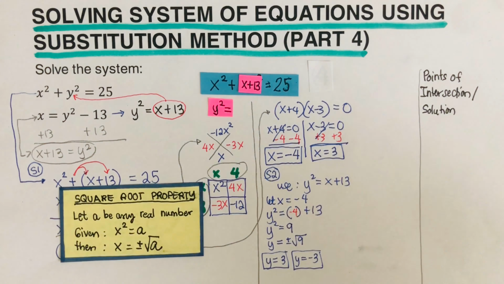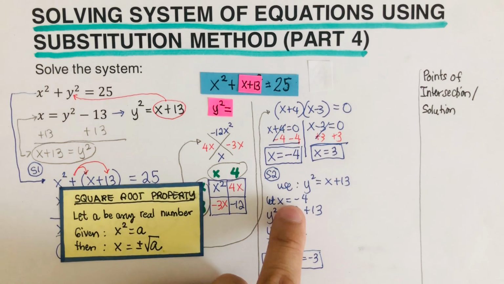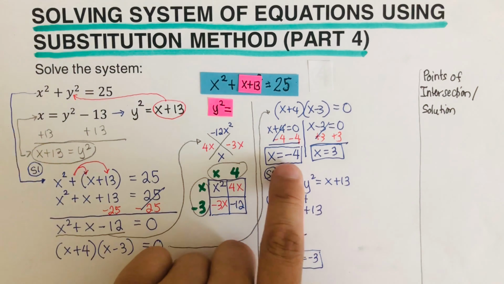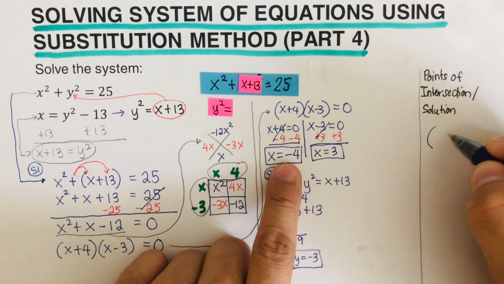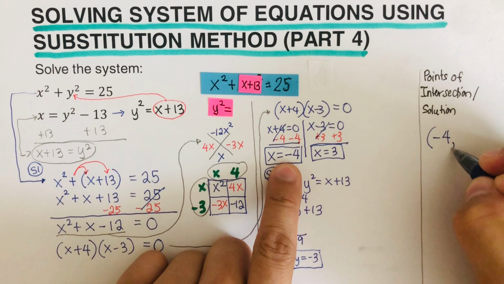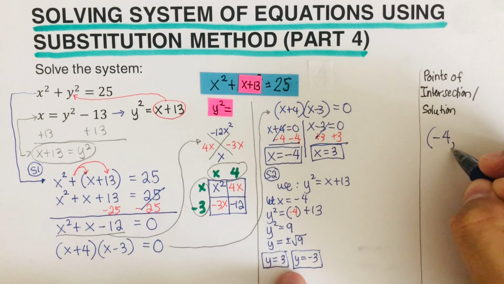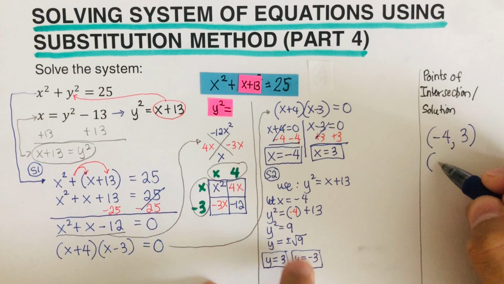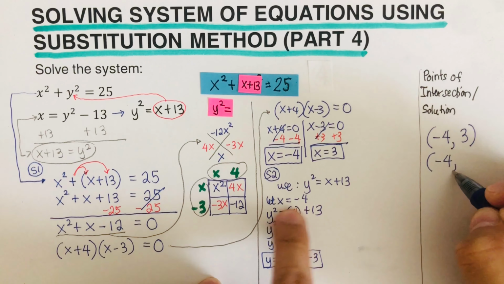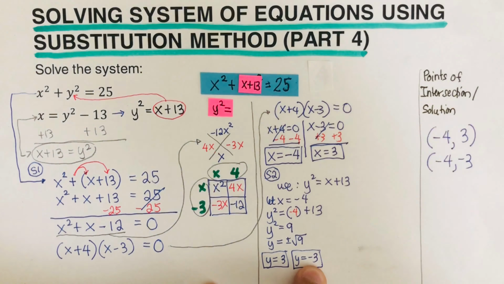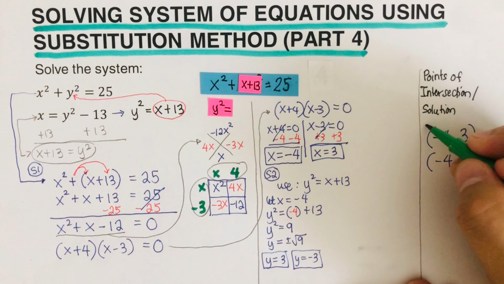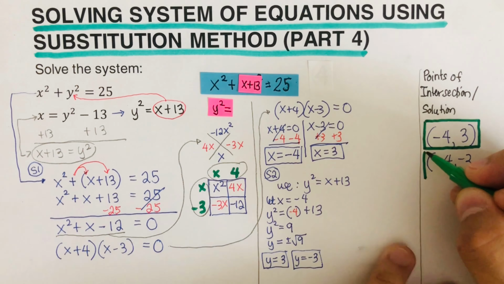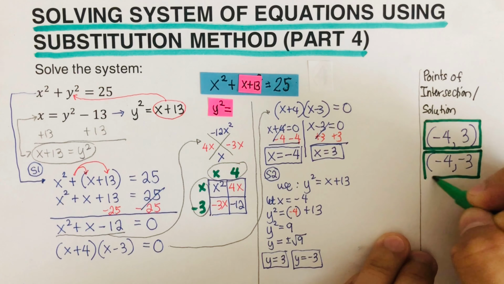Okay, so the first point of intersection would be, we have x is negative 4, so that's what we solved over here. x is negative 4, so I can go ahead and write negative 4. And then if x is negative 4, we have two values of y. It can be 3. And then if we have another negative 4, the other value for y is negative 3. So these are the first 2 points of intersection, that is considering the first x, which is negative 4.